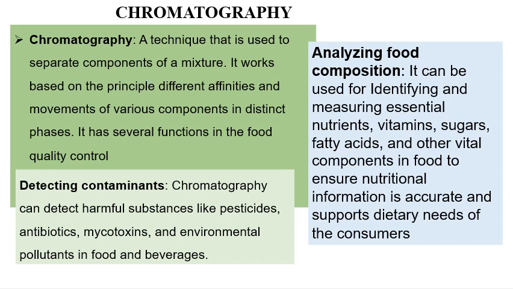Chromatography is also used in detecting harmful substances such as pesticides, mycotoxin content in food, and environmental pollutants in food and beverages. It is used for identifying and measuring essential nutrients present in food such as sugar, vitamins, fatty acids, and other vital components to ensure nutritional information is accurate as claimed and support dietary needs of the consumers.